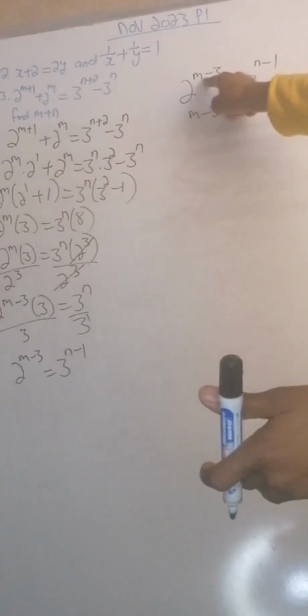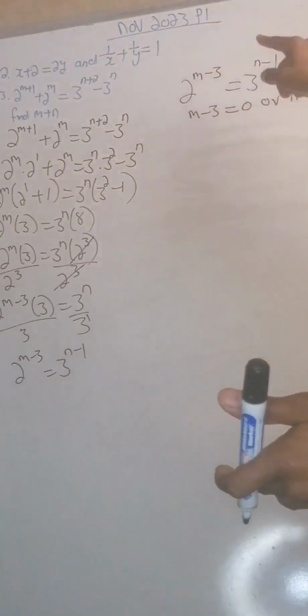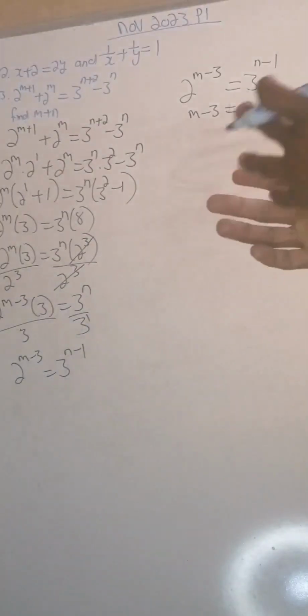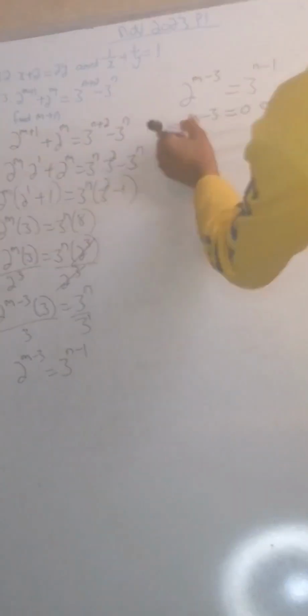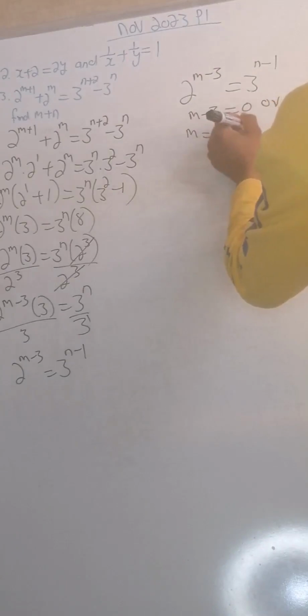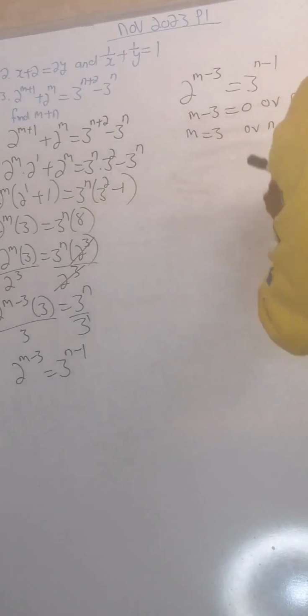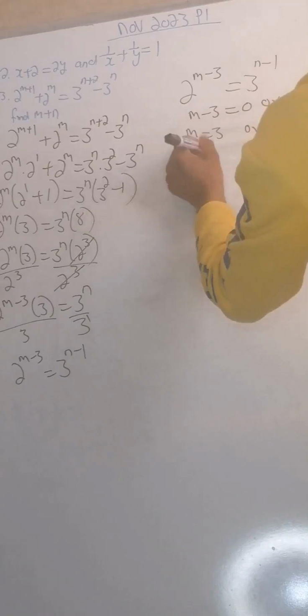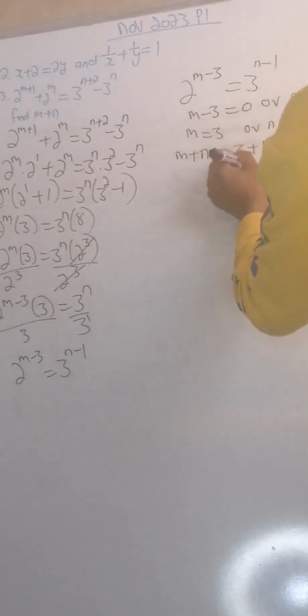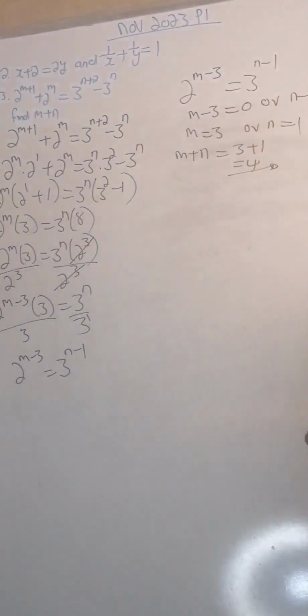I can say m minus 3 equals 0 or n minus 1 equals 0, since this is an equation. And I can say that m equals 3 or n equals 1. So m plus n will be 3 plus 1, which equals 4.